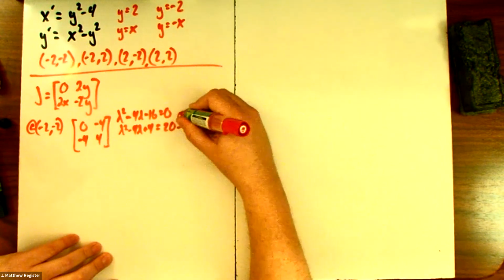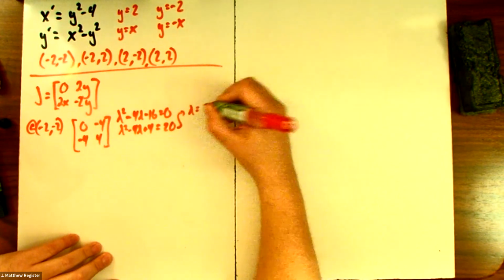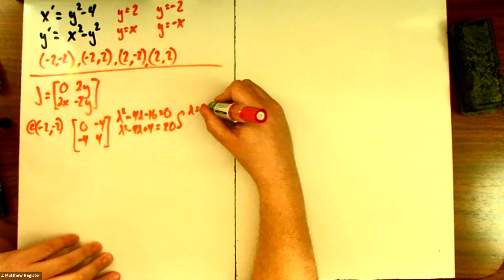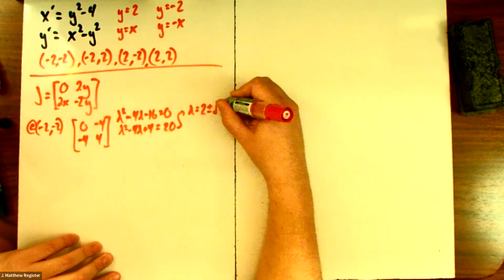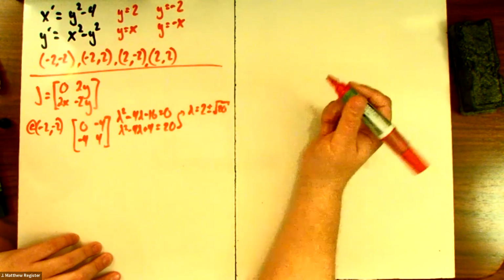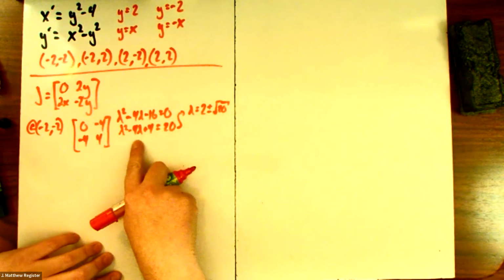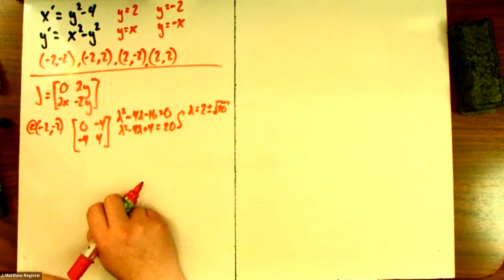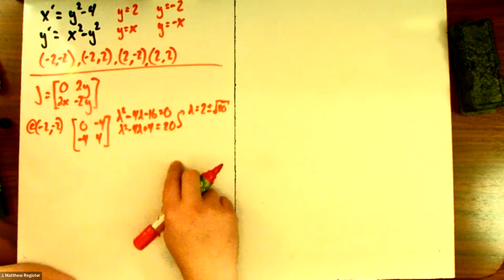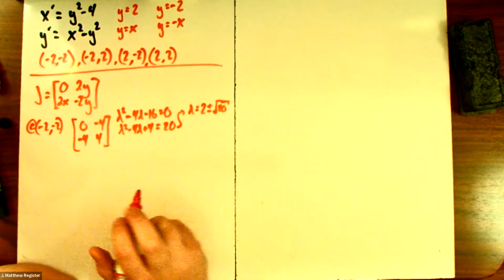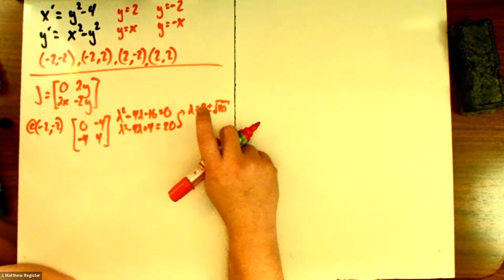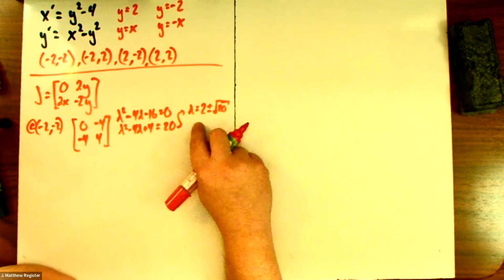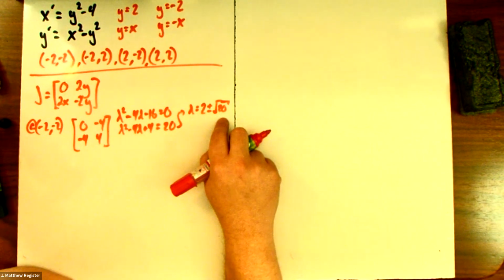And so that tells us that our lambda is going to be equal to a 2 plus or minus the square root of 20. Note I used completing the square there. Completing the square is a very nice, quick way to solve these things instead of using the quadratic formula. And so I would recommend using completing the square whenever possible. Now, 2 plus or minus the square root of 20, we know that this is real because square root of 20 is a number.